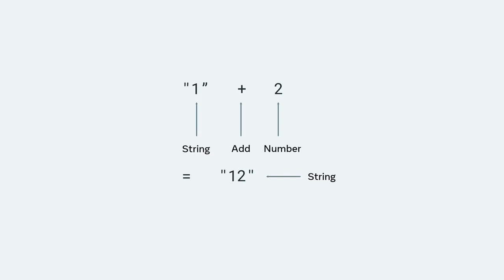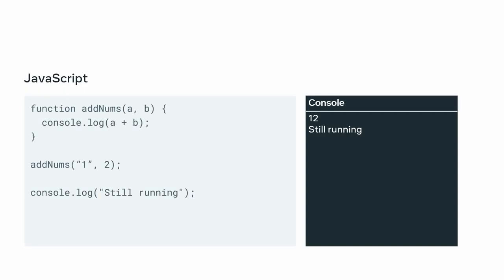Thus, the result is a string of 12. Our function is now no longer adding numbers. Instead, it is concatenating strings. However, JavaScript happily continues executing the code, outputs the string of 12, and console logs the words still running.